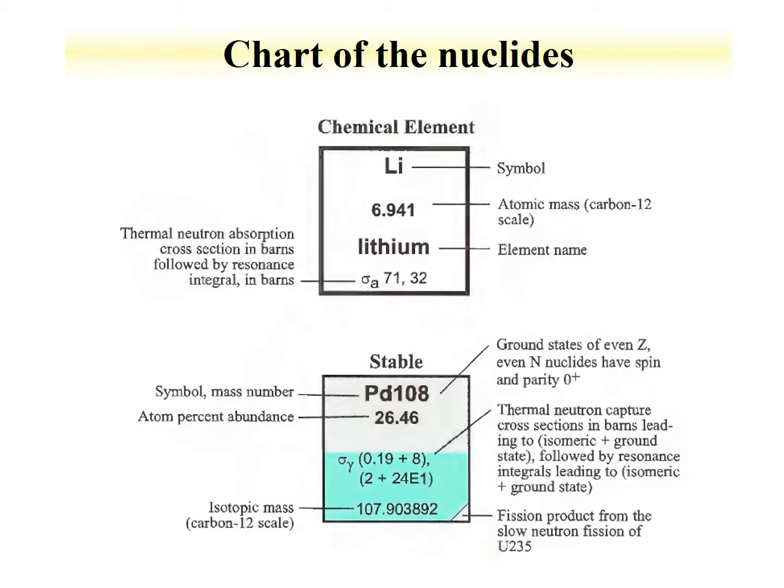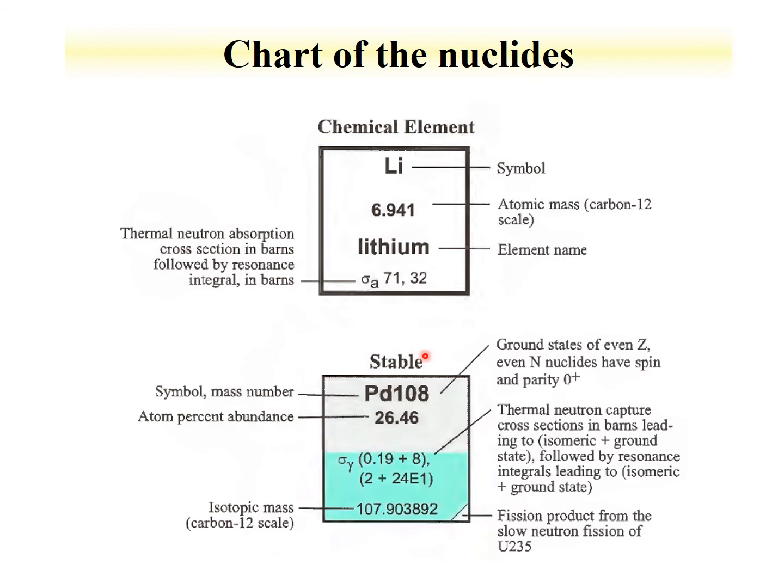The legend of the chart of the nuclides is useful for demonstrating the information that's provided in the database. For the chemical elements given, for instance as shown here for lithium, there's the atomic mass on the carbon-12 scale (there was a time when oxygen-16 was used as the scale), the name of the element, and then the thermal neutron absorption cross-section in barns for the element, followed by the integral cross-section also in barns.